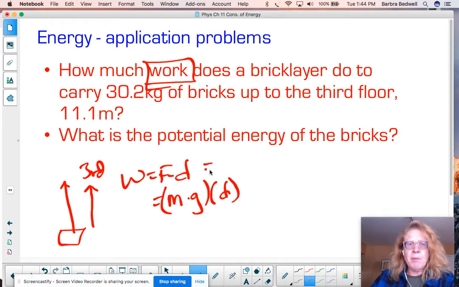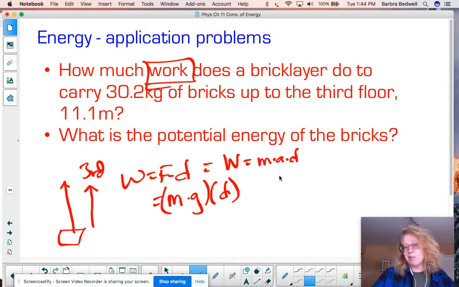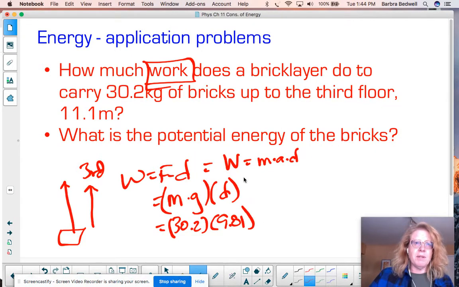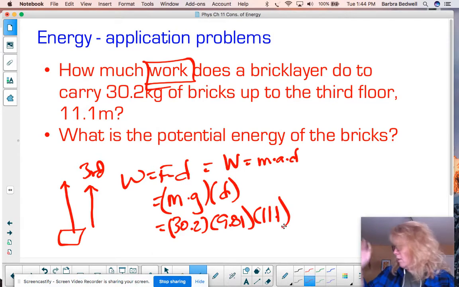I don't know if you remember from earlier this chapter, we said work is also the same thing as m times a times d. If you're doing work, force is mass times acceleration. In this case you're working against gravity, same idea. So it would be 30.2 kilograms times 9.81, our acceleration due to gravity, times our distance, 11.1 meters, and whatever that turns out to be.